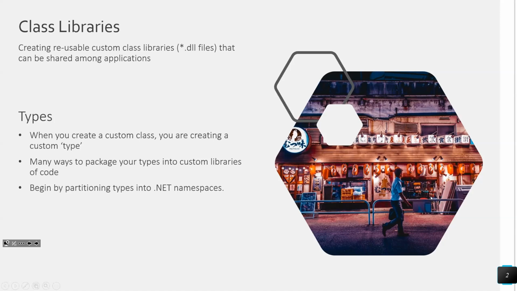So I've created a custom data type in C#. And that's one of the reasons that C# is super powerful and flexible. So we can take those custom types, those class files that we create, and package them into custom libraries of code to use in other applications or for other companies.